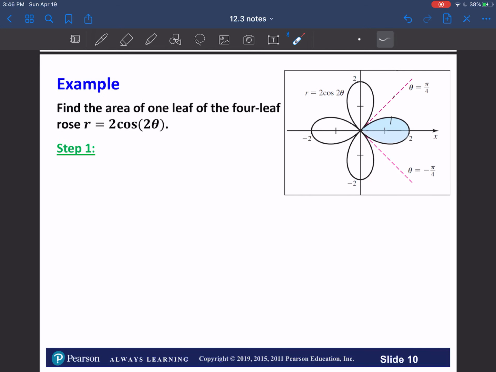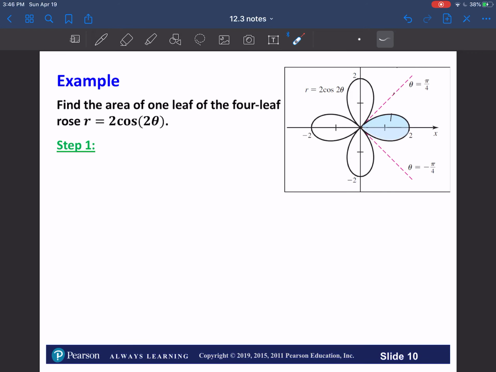Let's do an example. We're going to find the area for one leaf of the following 4-leaf rose given by r equals 2 cosine 2 theta. A picture of this rose is over here on the right. So if you take a look, we are attempting to calculate the area of just this piece of the rose.